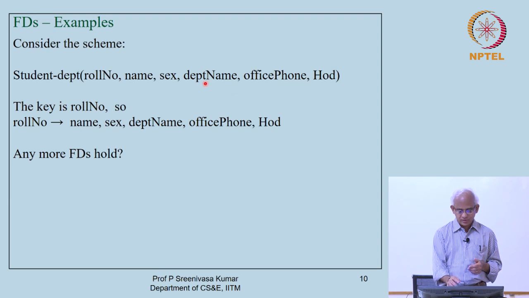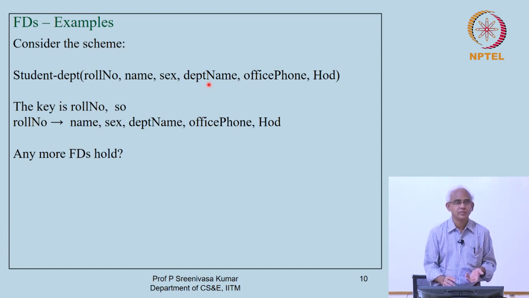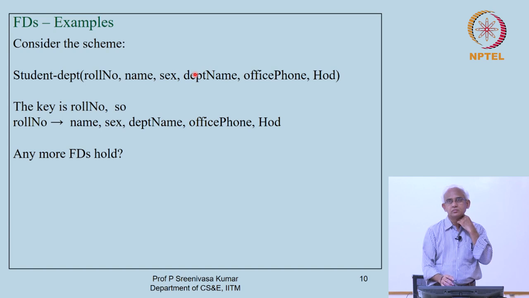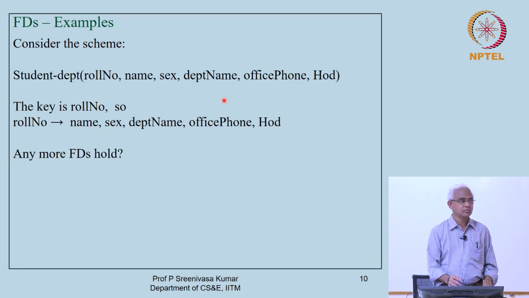So, if you focus on the values of this, if two rows of this particular table agree on the value of the department name, then what other attributes should they agree on? What is one more attribute that they should agree on, at least?